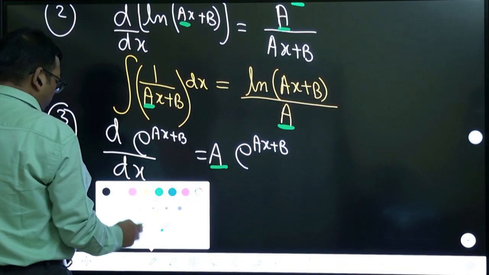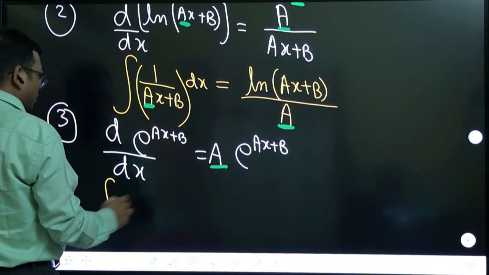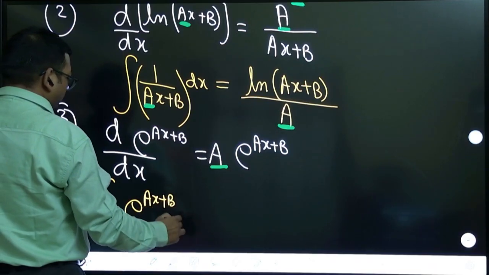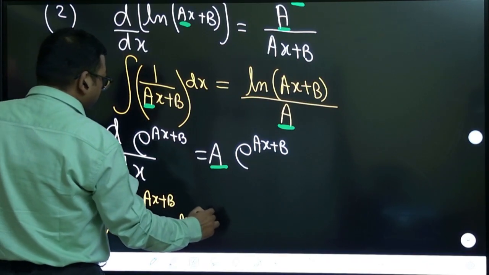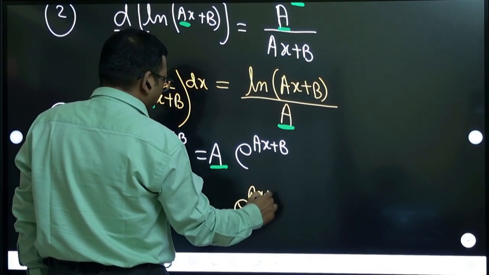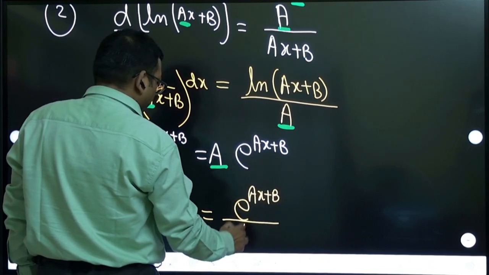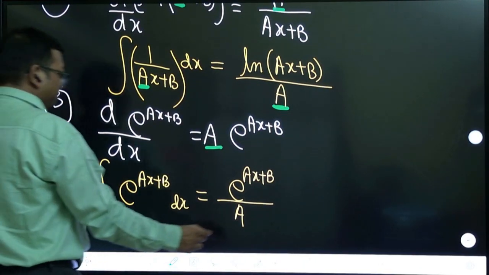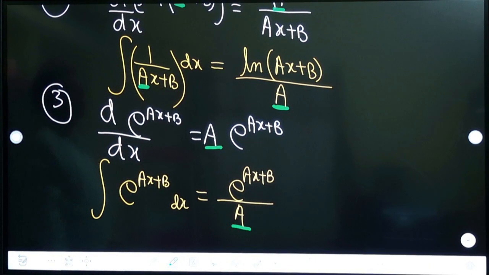Now, in case of integration, suppose I want to integrate e to the power (ax + b) with respect to x. Then it will remain the same, e to the power (ax + b), but the coefficient a will get divided. That is the idea. And with this, we have finished this formula.